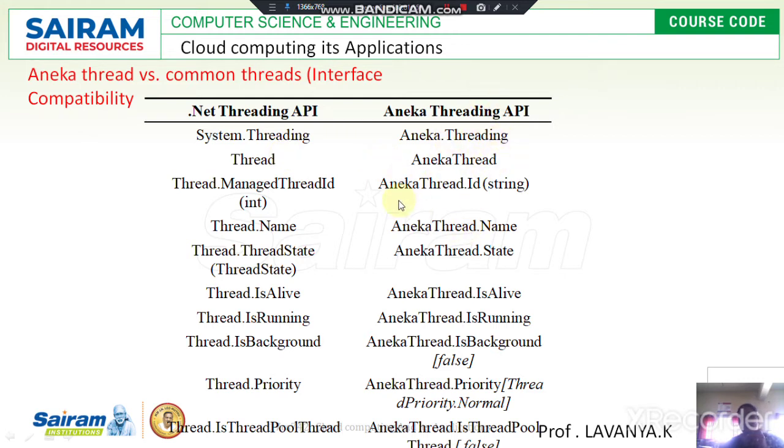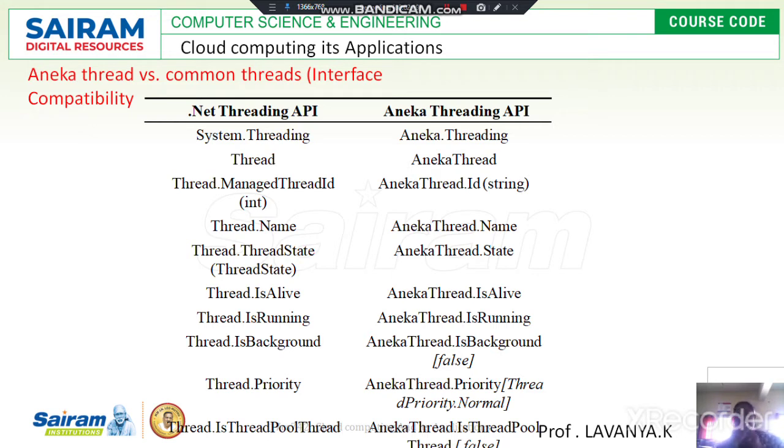Whenever we create instances of the classes, the thread name should always start with Aneka; that belongs to the Aneka thread. If the thread name always starts with System, it belongs to the common or local thread.